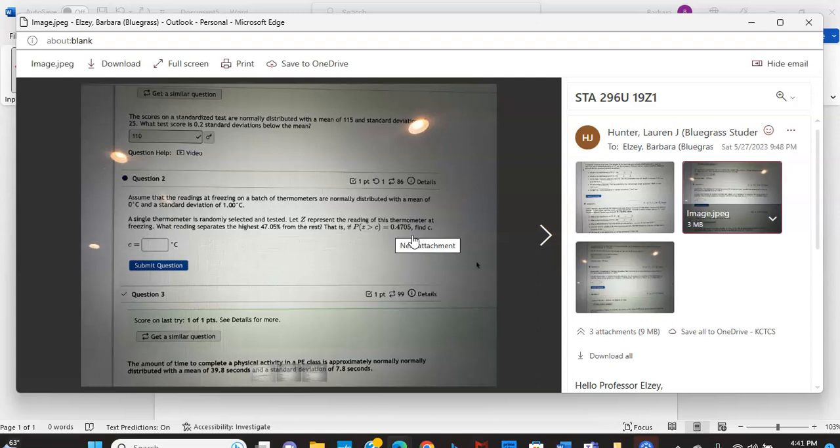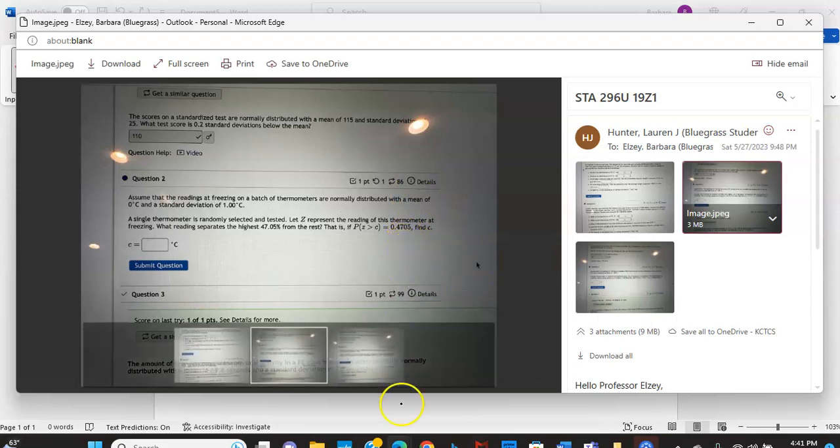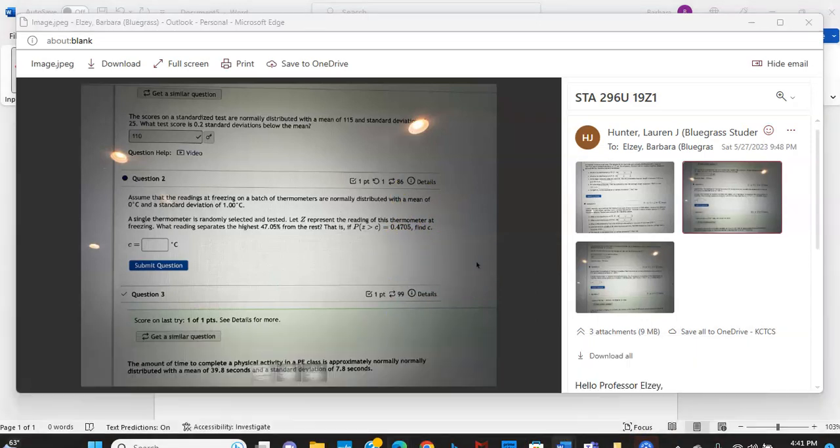However, since this one is greater than, the first thing we've got to do for any greater-than problem is subtract this from 1, because all probabilities add up to 1. And since our operation is going to give us the probability that Z is less than C, we need to subtract this from 1 to see what is remaining on the other side of it. So 1 minus 0.4705, I will do that.